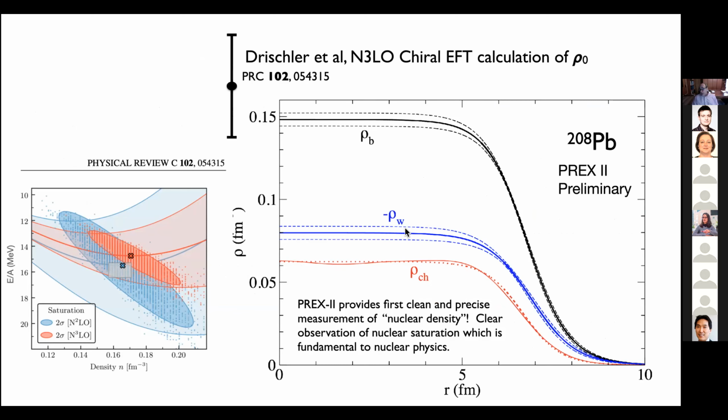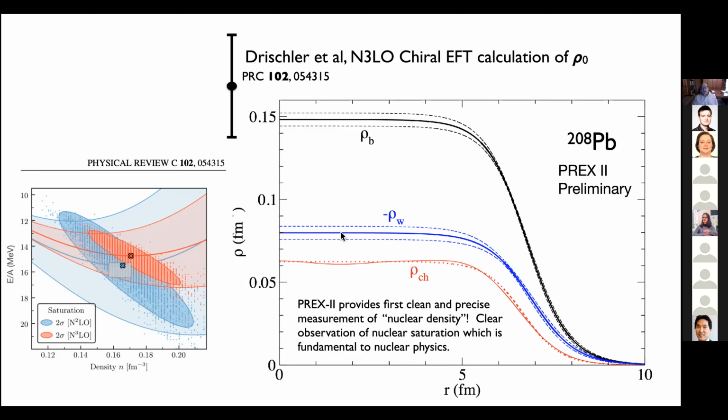The blue curve here is the Fermi weak charge density that fits the PREX results. So this is the measured interior weak charge density in lead. The error bar here is primarily the error in the weak radius from PREX.